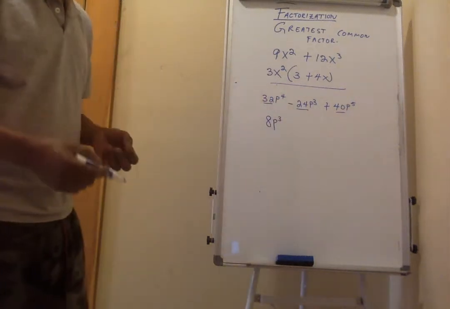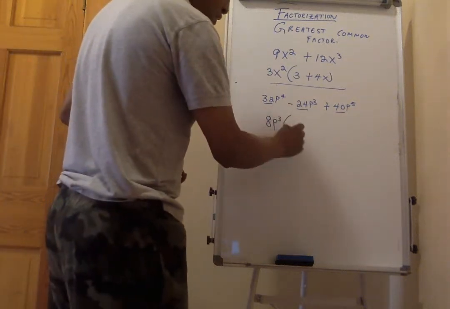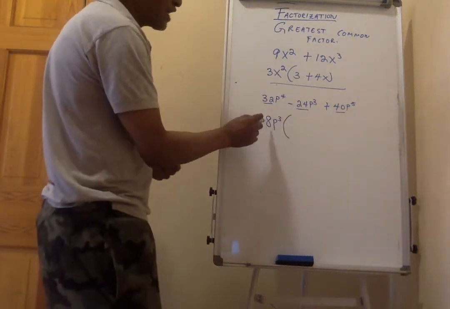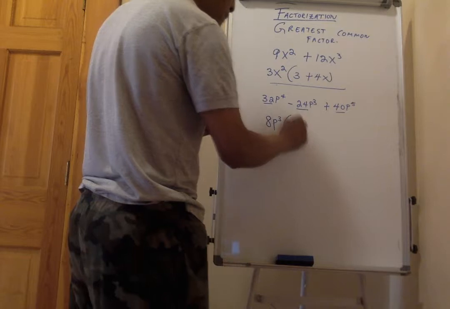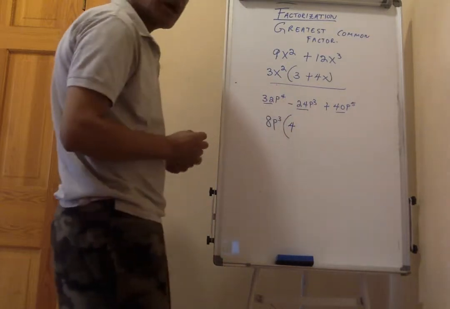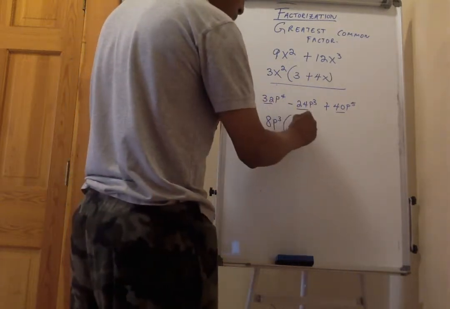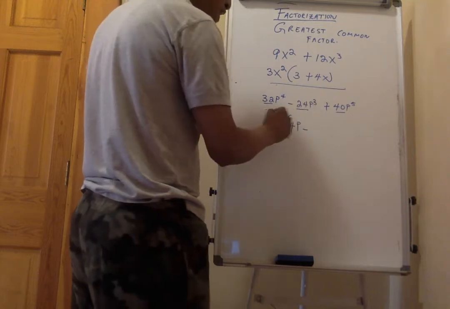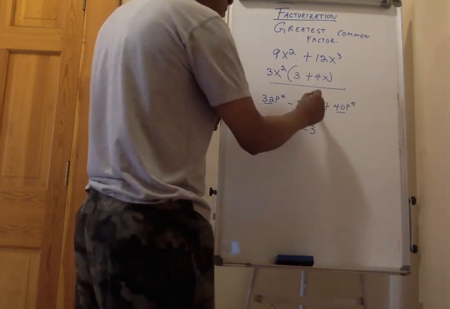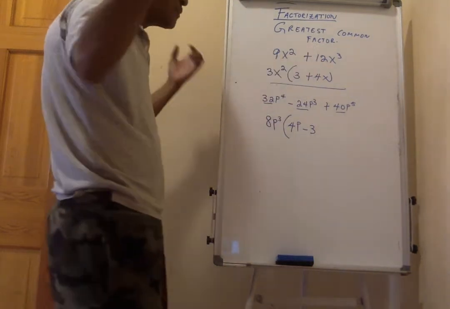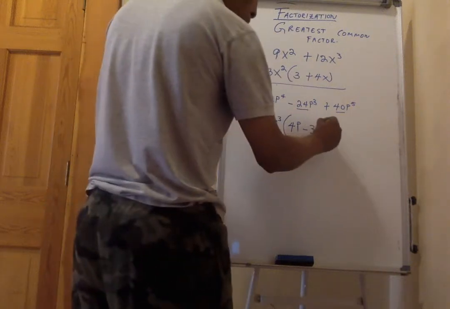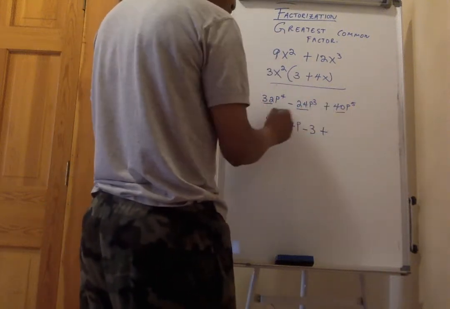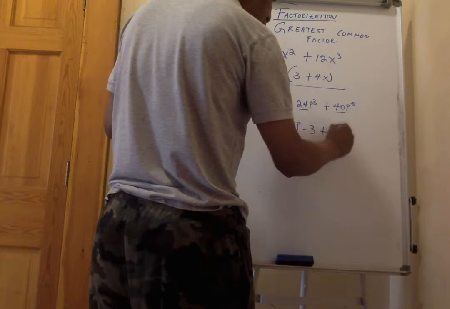Once you do that, then it works out. 32 divided by 8 is 4. p to the fourth divided by p to the third is p. 24 divided by 8 is 3. p to the third over p to the third cancels out. Plus 40 divided by 8 is 5.